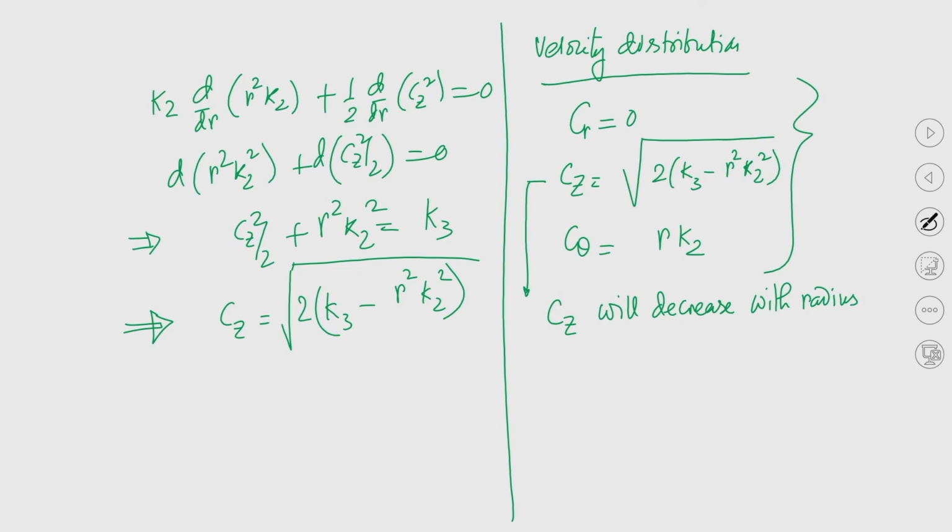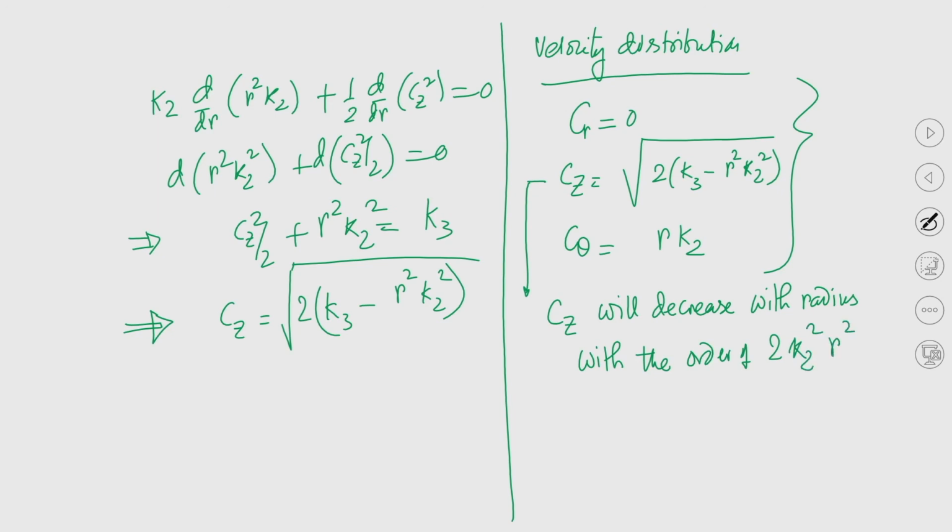And the order is with the order of twice k 2 square r square.